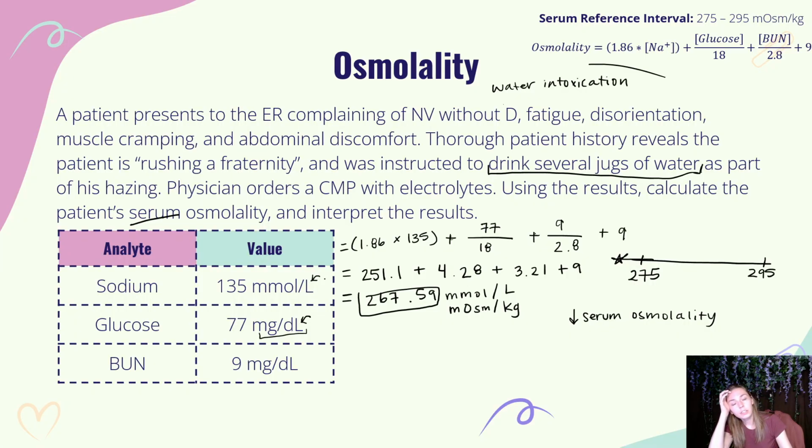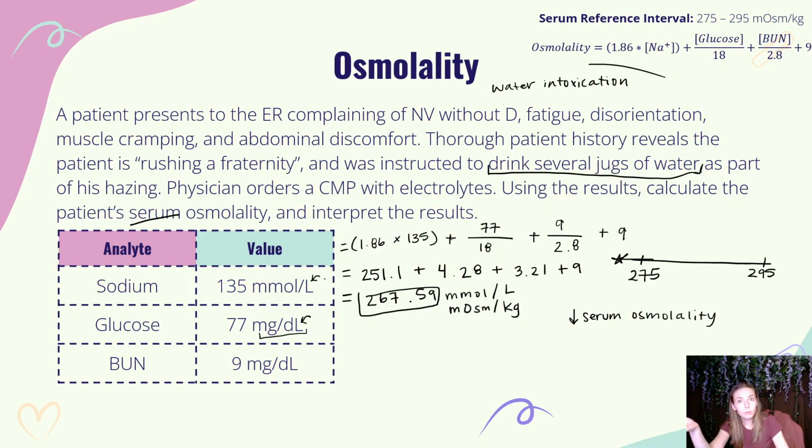Water intoxication can disrupt the normal electrolyte levels within your body. A lot of the electrolyte levels that are in your body have to do with muscle integrity, neuromuscular function, things like that. You're going to feel tired if you don't have enough electrolytes to keep your body moving. Disorientation, because a lot of the electrolytes are involved in neural pathways and neurogenic stuff. You might see a little bit of disorientation.